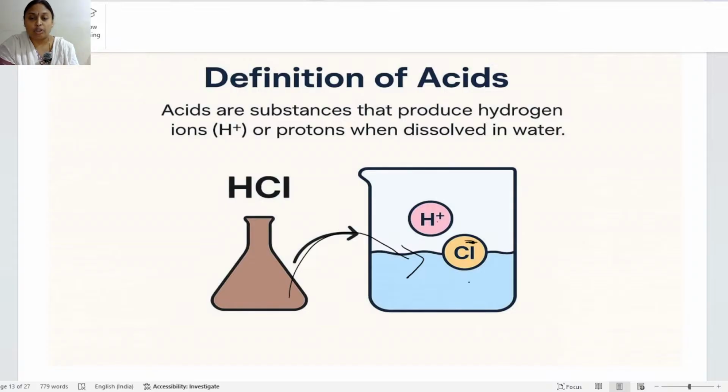The Cl minus stays in the water, and the H plus combines with the water, forming an H3O plus ion. A positively charged ion is released. So the substances which give H plus ions are known as acids.